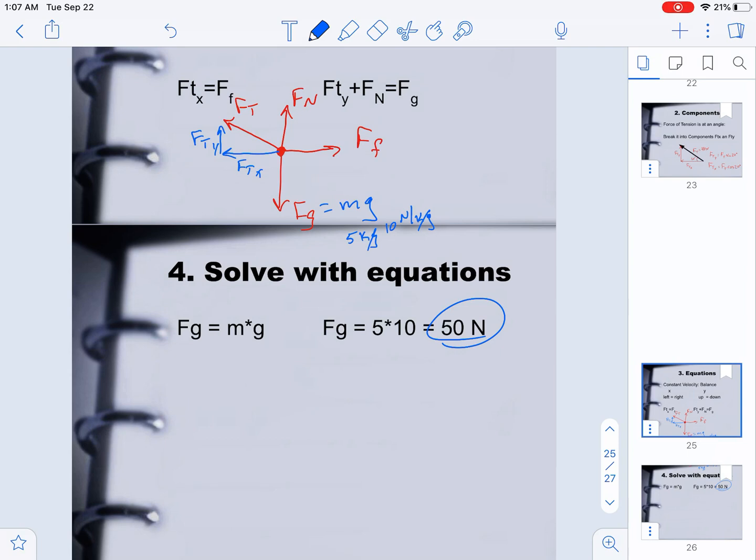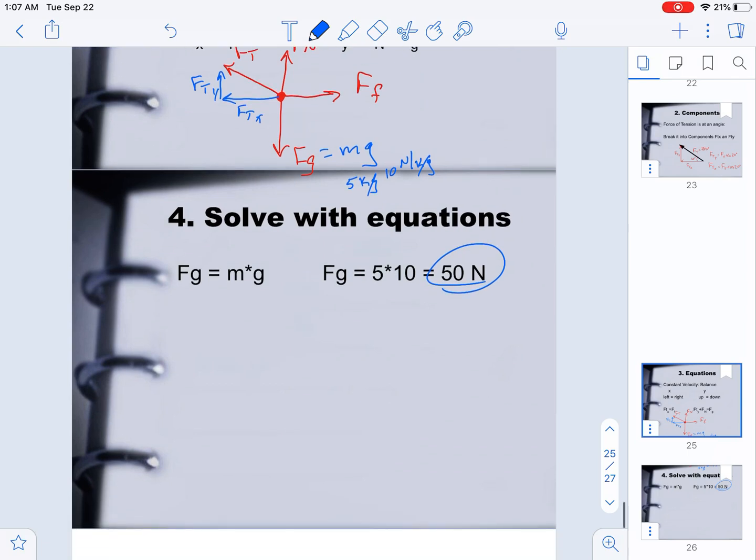That's going to tell me that my force due to gravity is 50 newtons. My normal force plus my Fty is going to be equal to 50 newtons.